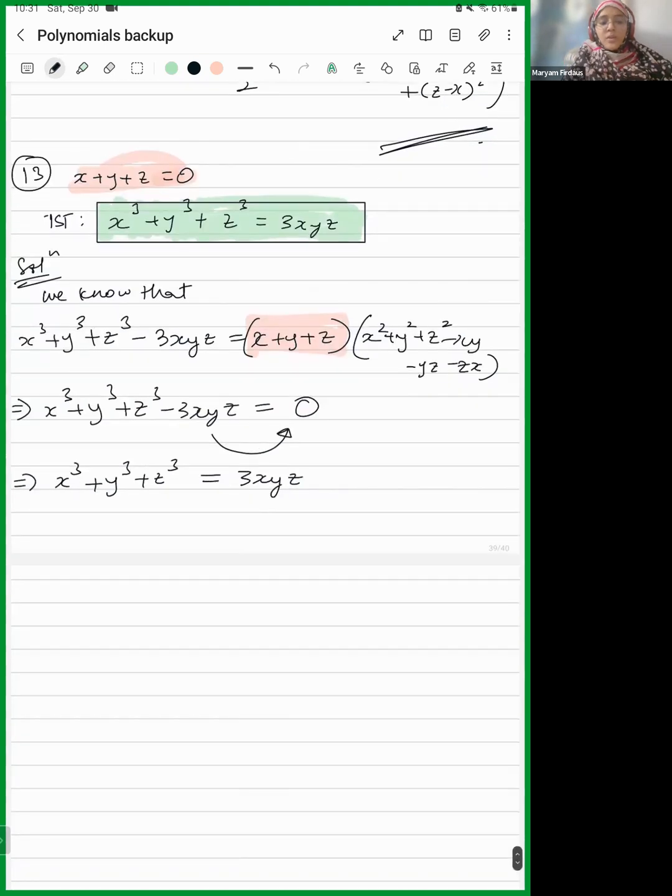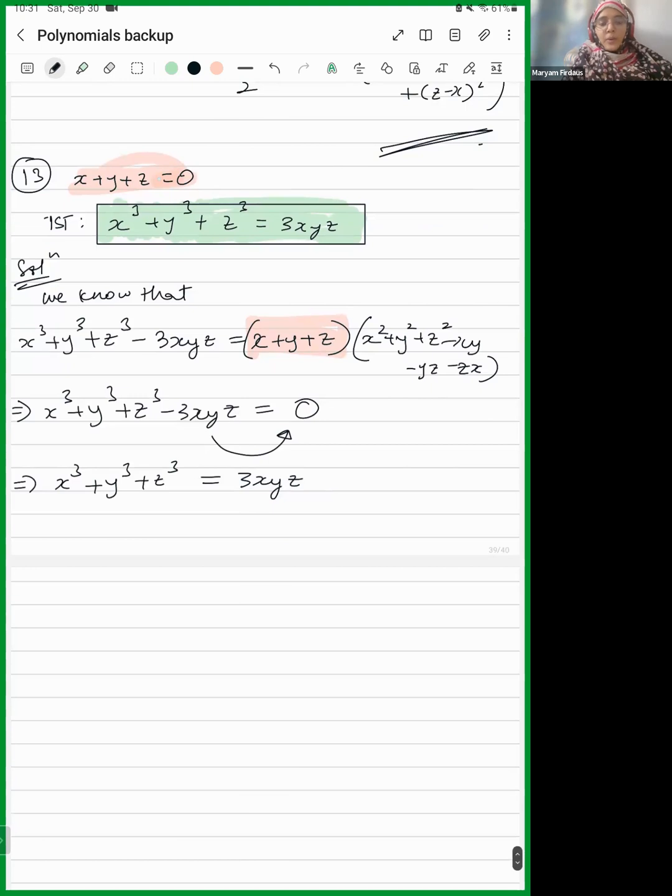Okay. So what I was saying was, you need to remember this fact, that if x plus y plus z becomes 0, then x cube plus y cube plus z cube becomes equal to 3xyz. Let's take some examples.